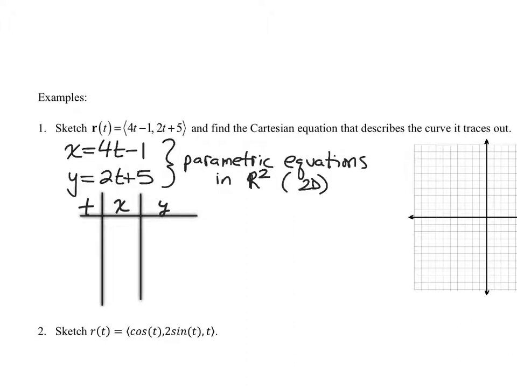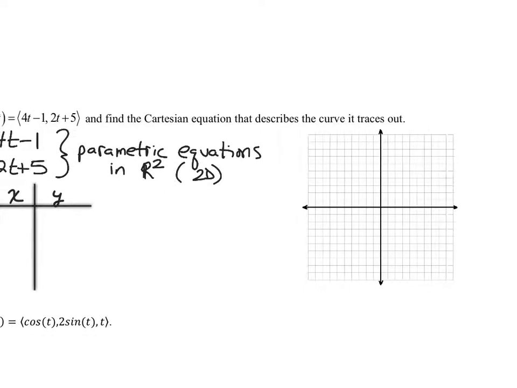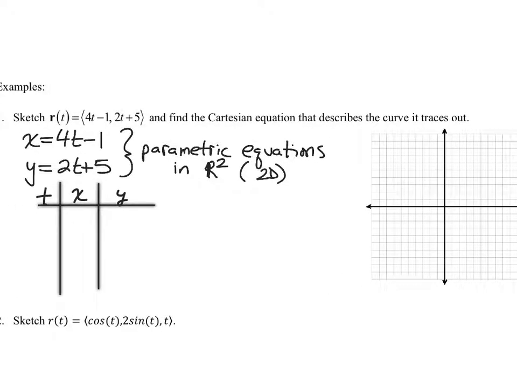So the question would be, what values of t make sense? My answer to that is, look at the graph. I see an origin, so I'm guessing that the x and y values are going to have to hit 0 at some point. I would take a look at my t value and see if there's some extreme values of t that would have to come into play in order to make this value equal to 0.